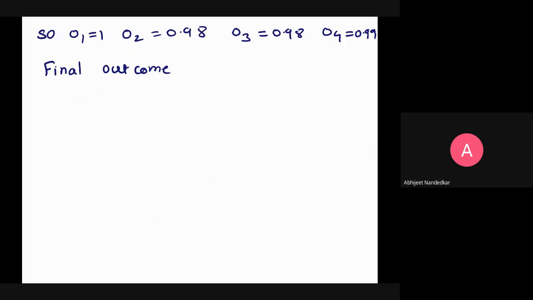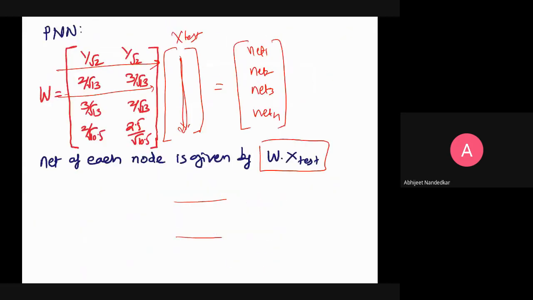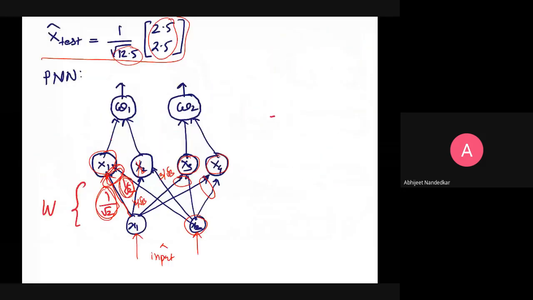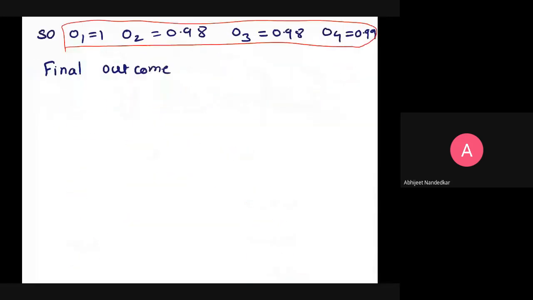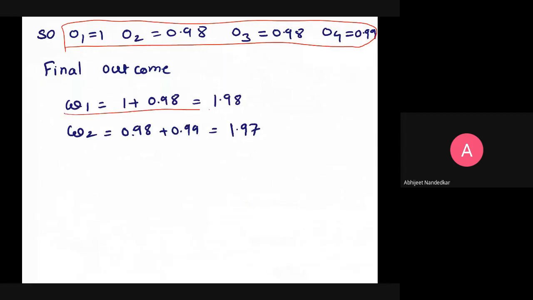Now the next step is to find the final output. We have four outputs due to four nodes, so we obtain the outputs here for each node. Then we need to sum the outputs. For omega 1, we need to add O1 plus O2, because O1 and O2 belong to omega 1.